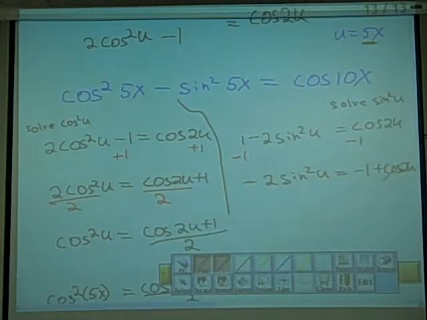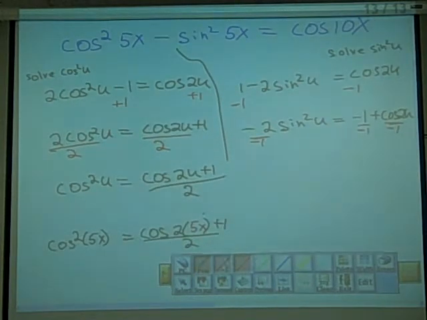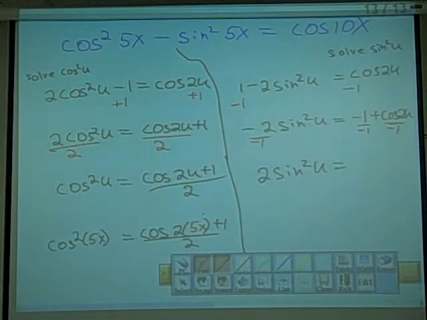And now at this point, I find it easier to not divide by the 2 yet. We're going to divide both sides just by negative 1 so that we change the signs of everything. So that makes this a positive 2 sine squared u equals 1 minus cosine 2u.